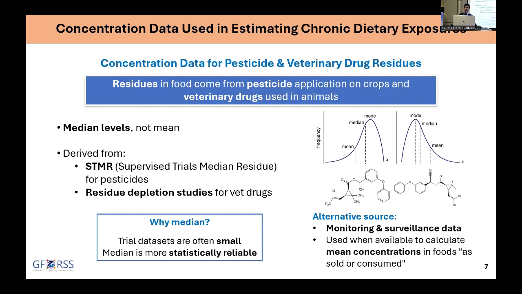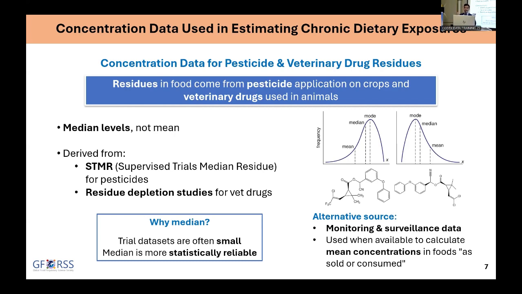Okay, so what is the source of data? The type of data used here is normally median, excuse me, we can still have average data used. And the source comes from, for the case of pesticide residues, what we call field trials, right? When we are testing the pesticides, we apply field trials at what we call good agricultural practices. And then we analyze the residues remaining in our crops.